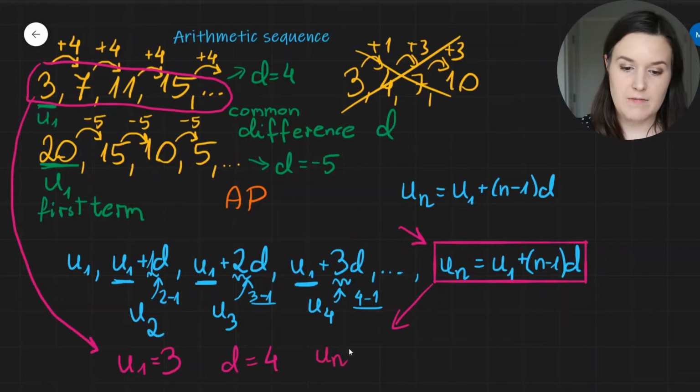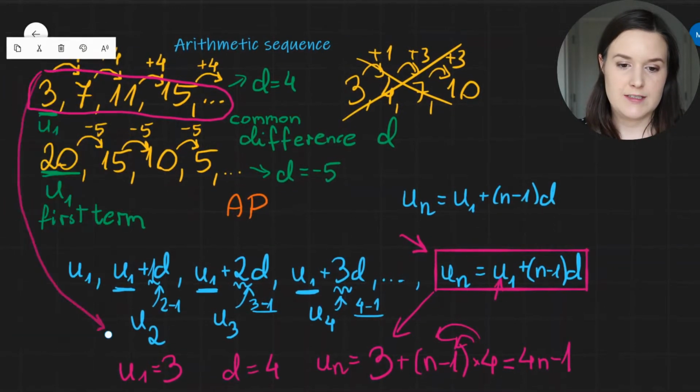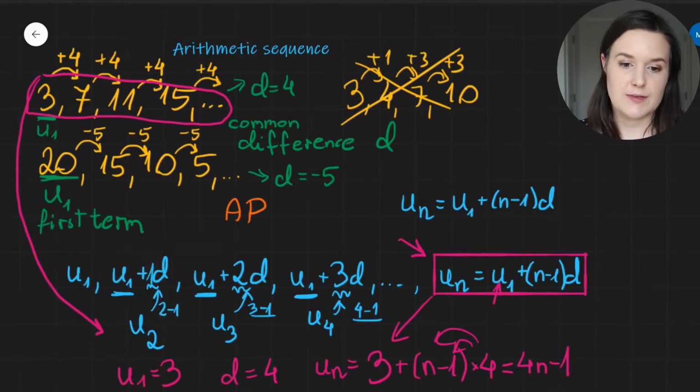The nth term is the first term plus n minus 1 differences. Of course, I can simplify this formula, expand the brackets, and I get 3 plus 4n minus 4, so 4n minus 1. That's the formula for this first sequence that we had here.